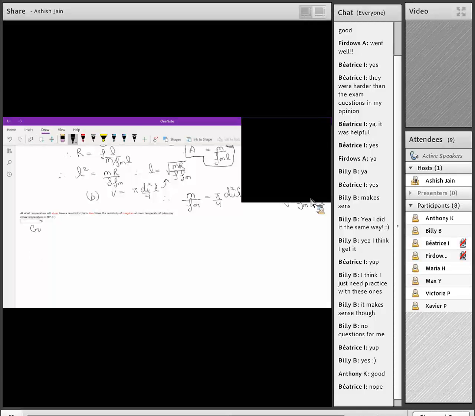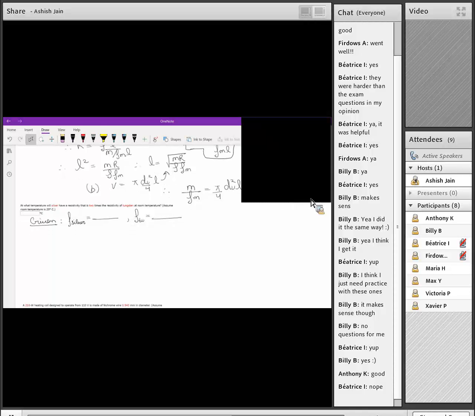At what temperature will silver have a resistivity that is 2 times the resistivity of tungsten at room temperature? Again, whenever you are solving in the exam, the question will give you the resistivity of silver, rho silver, some value, and rho tungsten, some value.